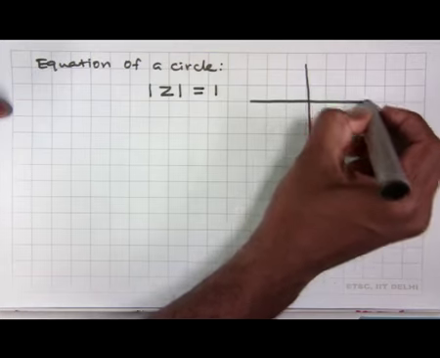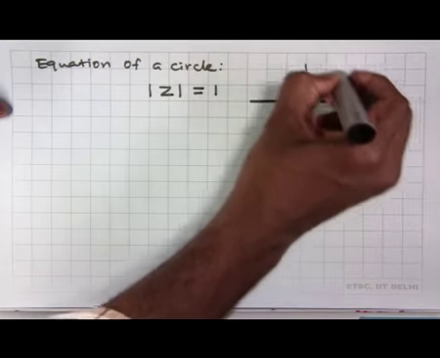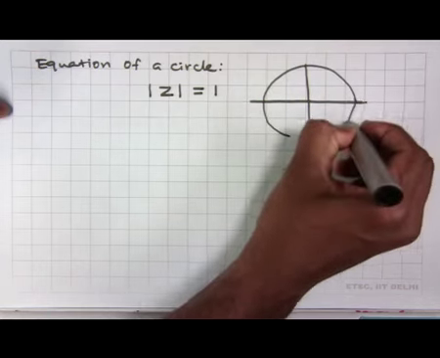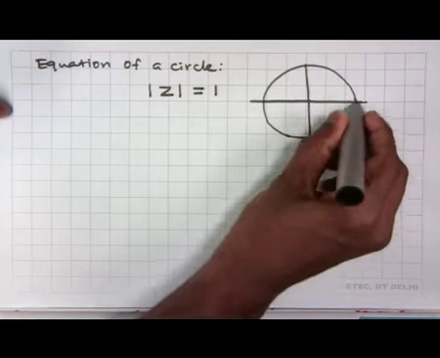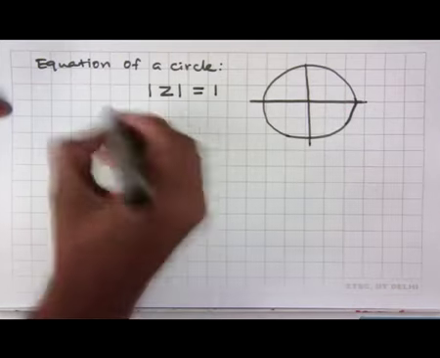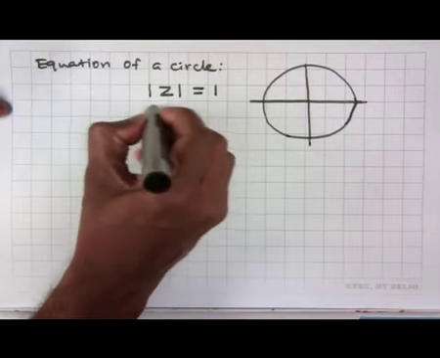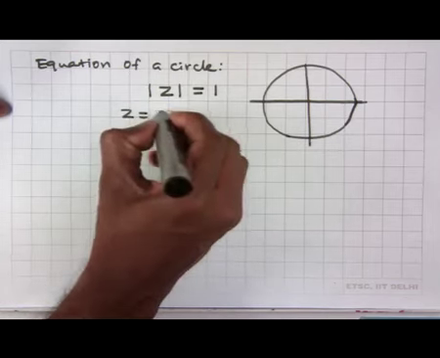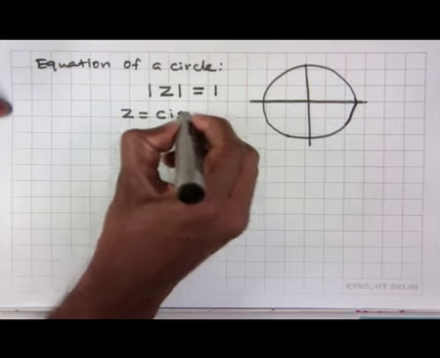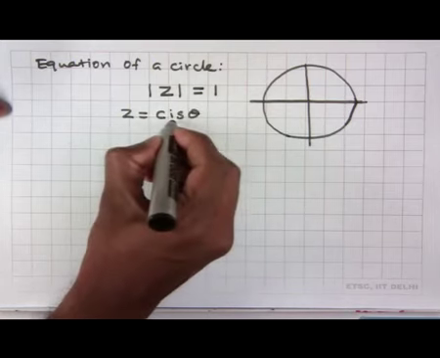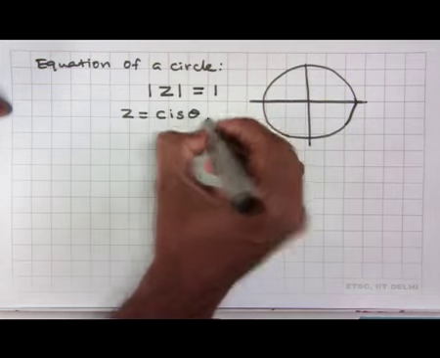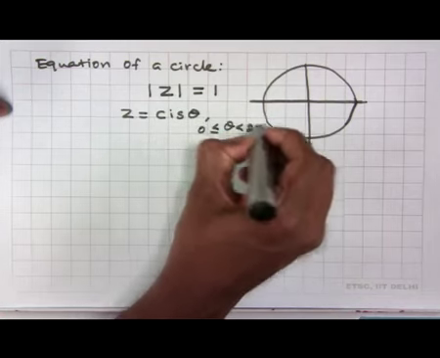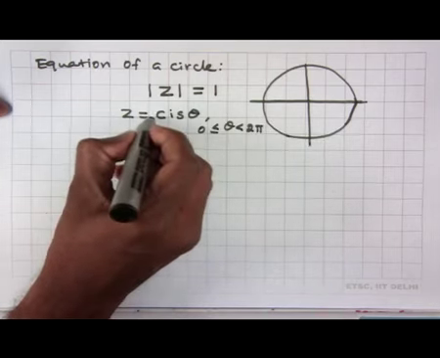So, the radius is fixed, which is 1, and when you trace the points, we get center 0 and radius 1. And if we try to write it as a parametric equation, we get z equal to cis theta, that is cos theta + i sin theta, with theta varying from 0 to 2 pi and modulus of z is 1.